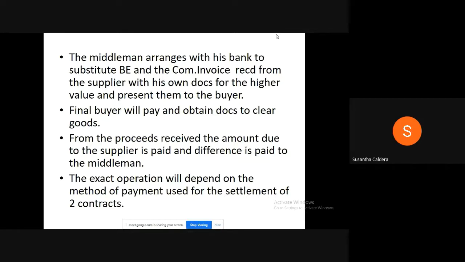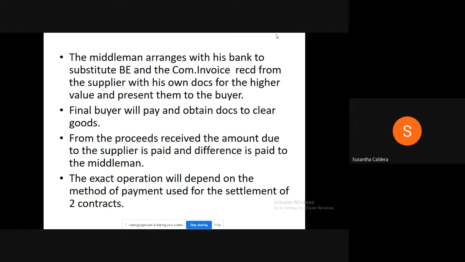Now, the middleman's bank will receive money at $8 per unit. Then they have to pay the supplier, the Chinese guy.